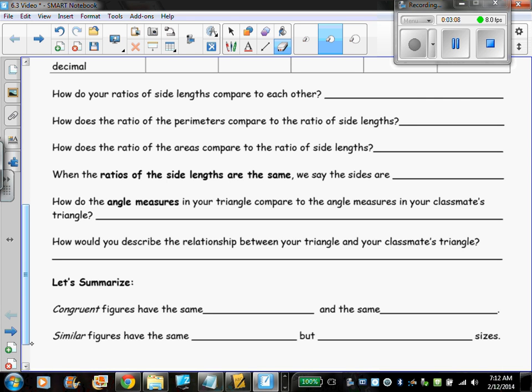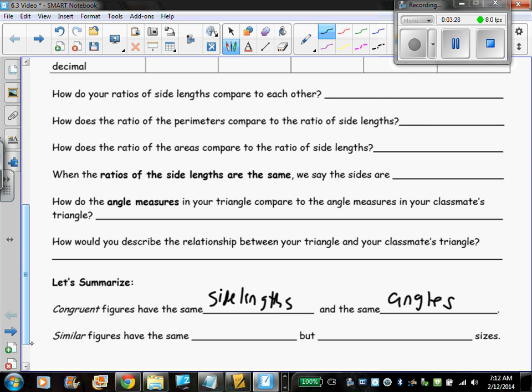And that right there is the big difference between congruent figures and similar figures, because your triangles should be similar. Congruent figures have the same side lengths and the same angles.